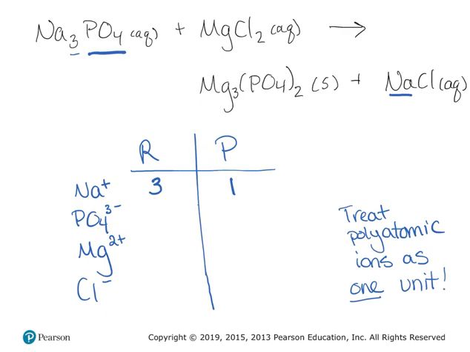Just 1. What about in the products? We have 2 phosphate ions in the products. Okay, magnesium ions, it looks like we have 1 in the reactants and 3 in the products. And then for the chloride ions, we have 2 in the reactants and 1 in the products.